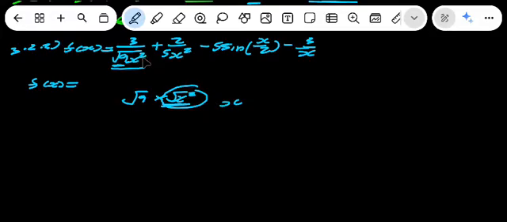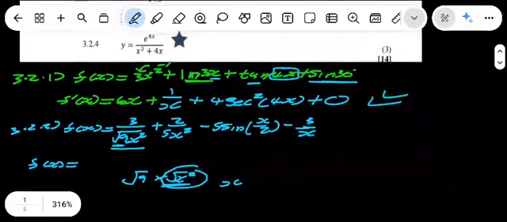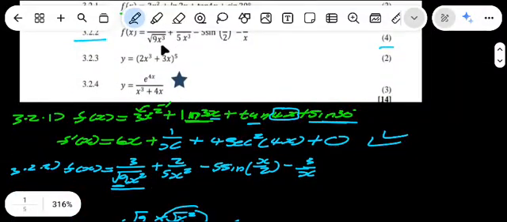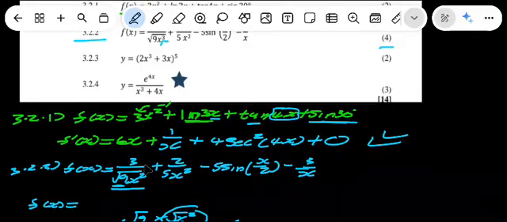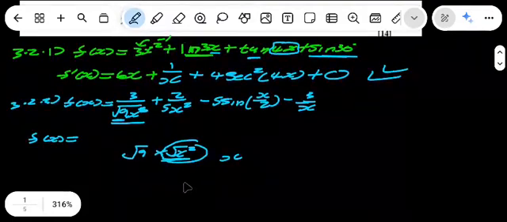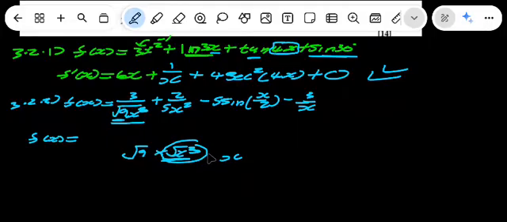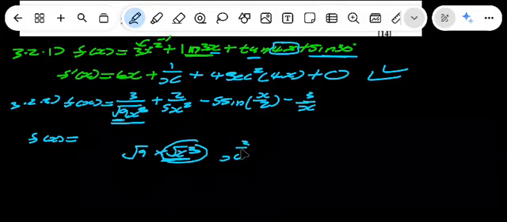Is this 2 or 3? Let me double check. It's x squared or x cubed? It is cubed. So guys, this is cubed, as you can see. Since this is cubed, it simply equals 3 over 2.